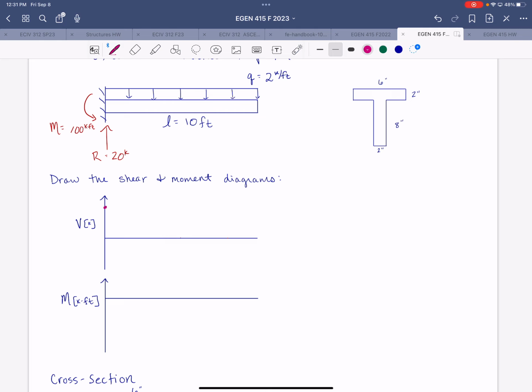Our shear is going to start off with positive 20, and then because it's a uniform load, it's going to decrease uniformly to 0 at the free end. So from the shear diagram, we can quickly discern that our maximum shear is going to be 20 kips at x equals 0.